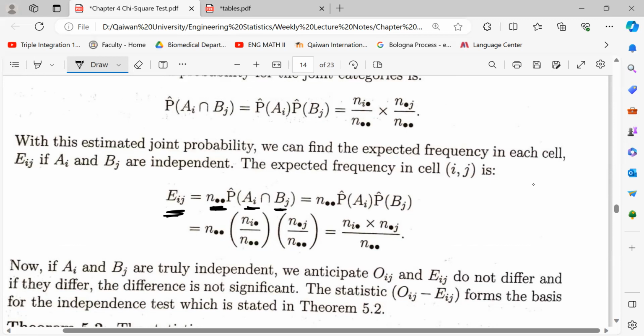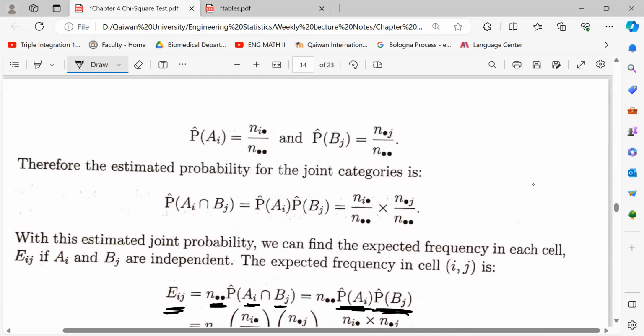E_ij is the multiplication of n double dot times probability of Ai intersection Bj, and this equals probability of Ai times probability of Bj. We need to find probabilities of these two categories, probability of Ai and also probability of Bj. How to find them?